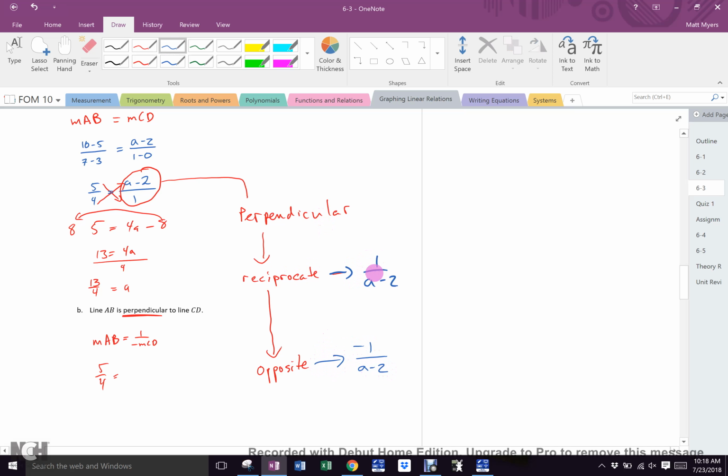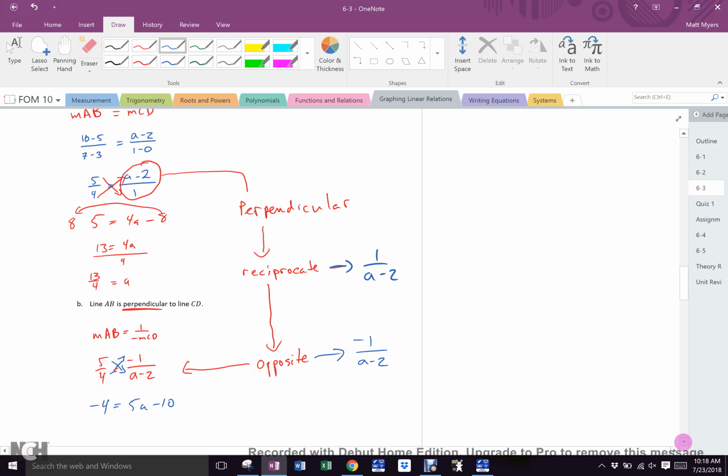Have I reciprocated it? Have I opposited it? So now I can come back over here, and what do I write? Negative 1 over A minus 2. And then what do? Cross, like I always do in math. Negative 4 equals 5A minus 10. Then what?